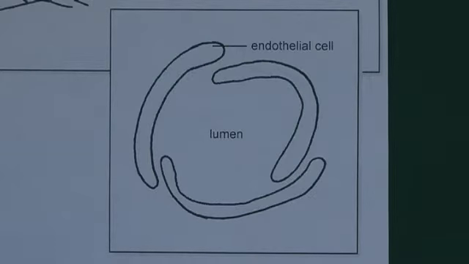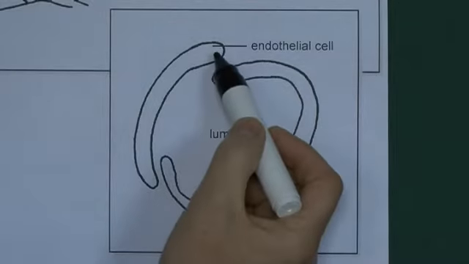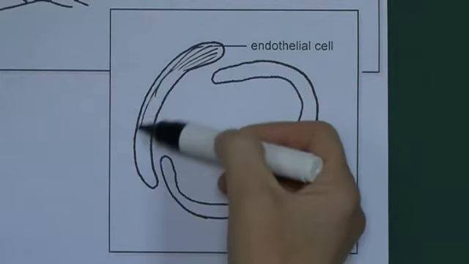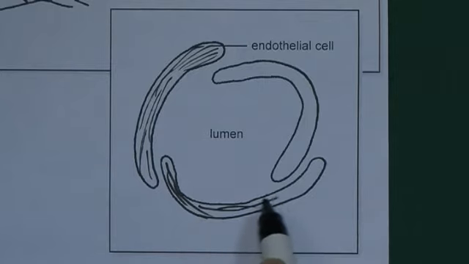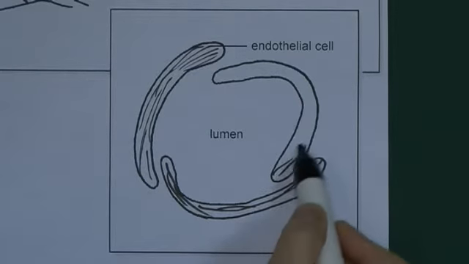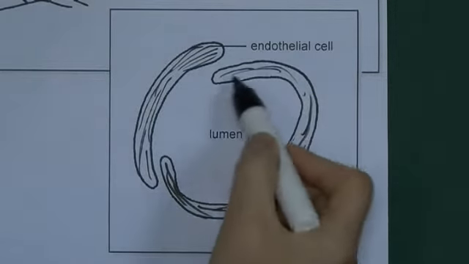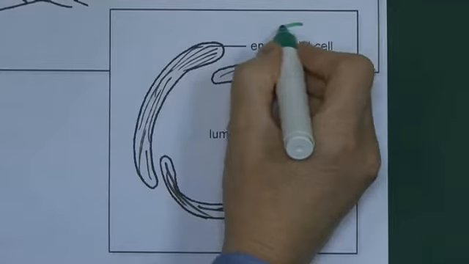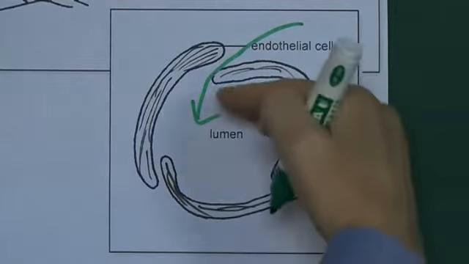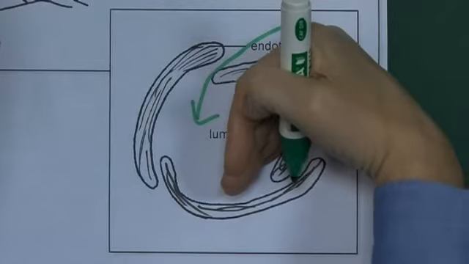So here we see a cross-section of a lymphatic capillary with the endothelial cells here. And notice that the endothelial cells are overlapping each other. They're overlapping. This means that material can get in here. This part of the cell can flap down to let material in.